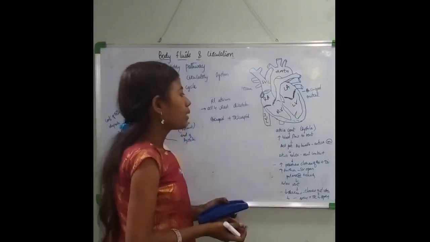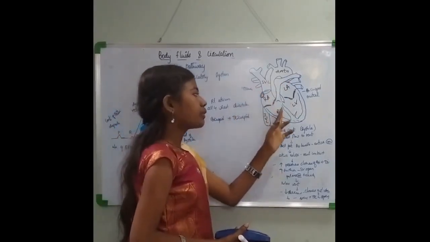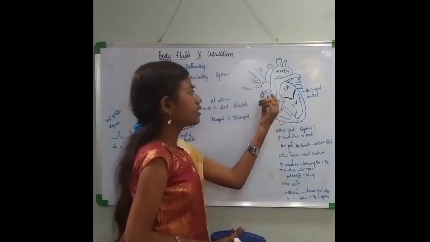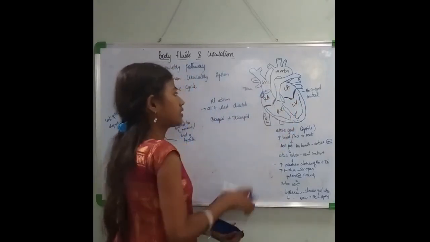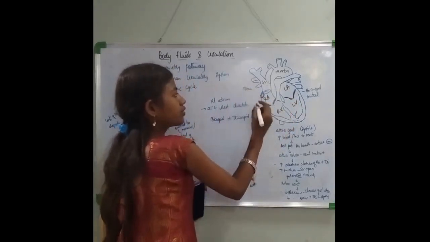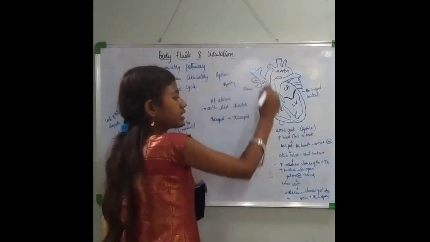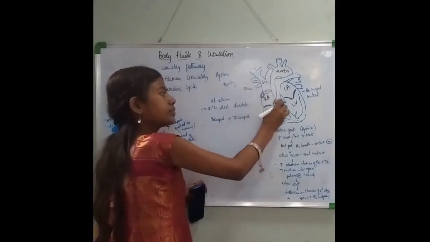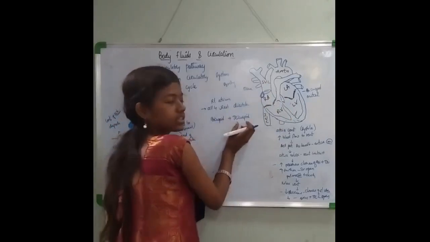So first, from the body parts you get deoxygenated blood into the right atrium. After the right atrium, it reaches the right ventricle through the tricuspid valve.